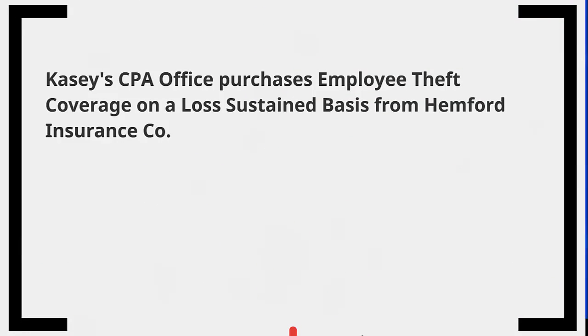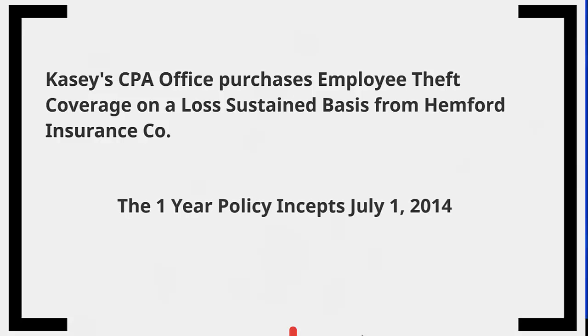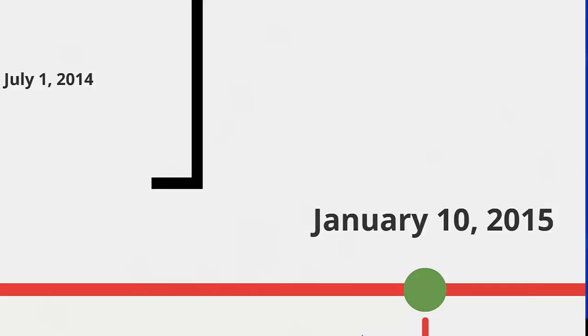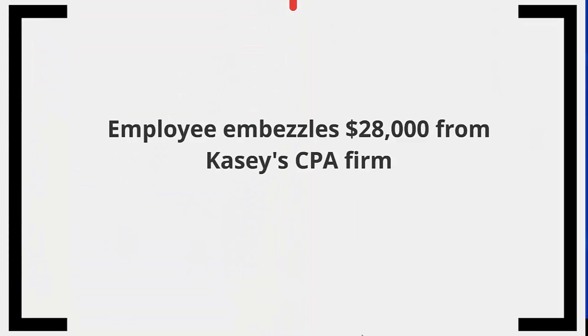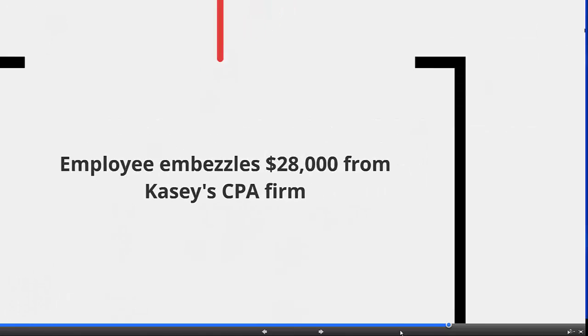On July 1st, 2014, Casey's CPA office purchases employee theft coverage on a loss-sustained basis from Hemford Insurance Company. The 1-year policy incepts on July 1st, 2014, which means it would end on June 30th, 2015. On January 10th, 2015, an employee embezzles $28,000 from Casey's CPA firm.